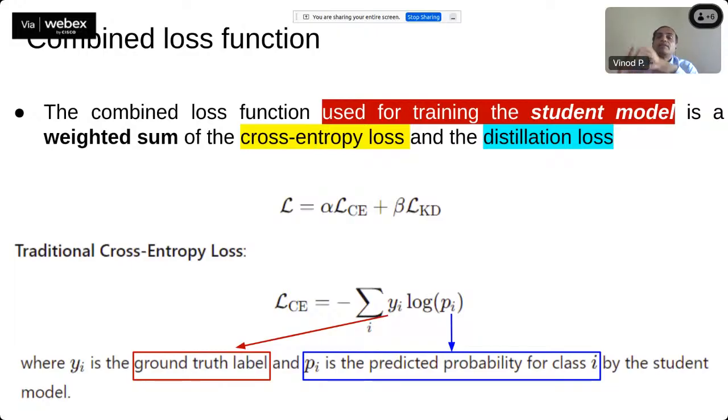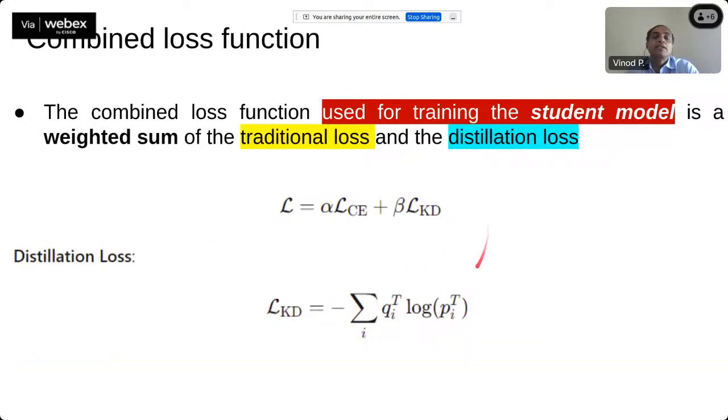This probability distribution difference is basically solved through KL divergence. So the first part is the cross entropy loss, where we would like to bring down the difference between the ground truth and the prediction. And the second one is the distillation loss, which is represented as L subscript KD.